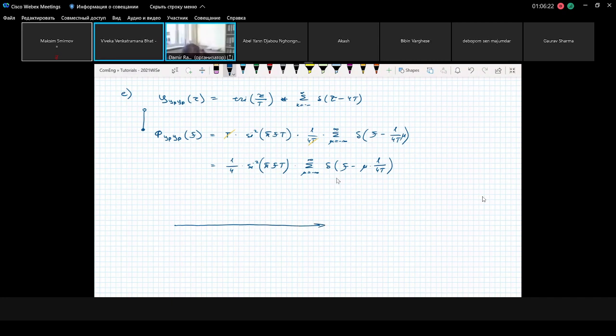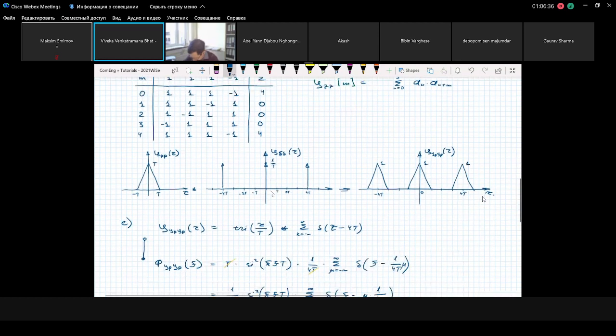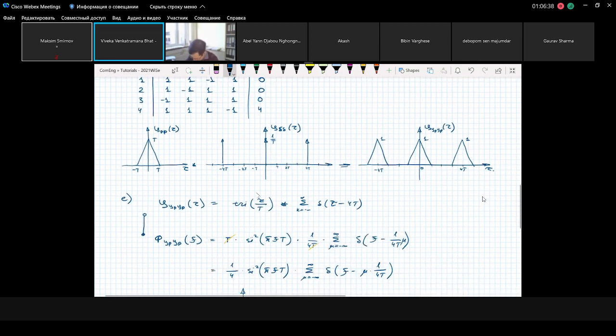While formulating the autocorrelation function of y of p, is it like triangular of t by tau convolved with a delta pulse? The question E. Is it delta tau minus 4 kt?